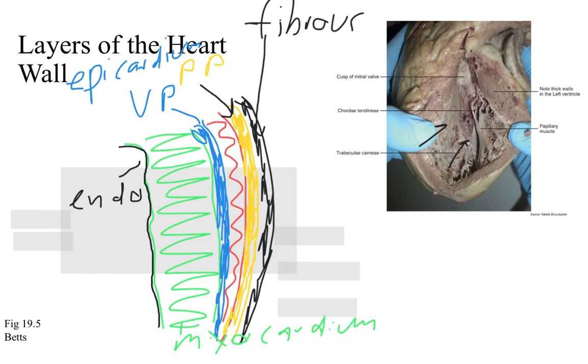So it's a smooth, shiny surface that provides a frictionless surface for blood to pass across. And it's continuous with the endothelial layer of blood vessels. And the reason why you want to have a smooth, shiny surface is that you want to keep blood flow as non-turbulent as possible, because as soon as you start making turbulent blood flow, you run the risk of clotting factors starting to become activated.